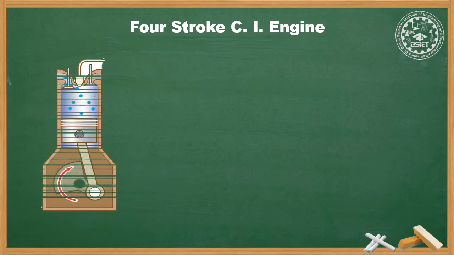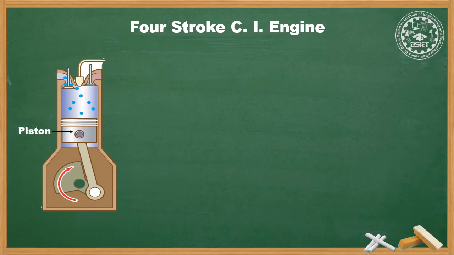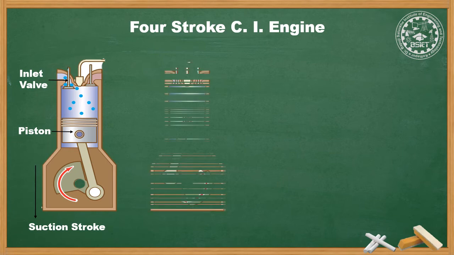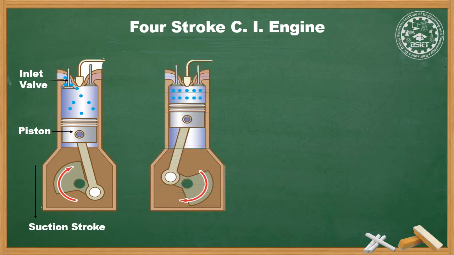In the suction stroke, the piston moves from TDC to BDC, which causes the inlet valve to open. The air pressure is low inside the cylinder, which causes the atmospheric air to come inside the cylinder during the suction stroke. Next is the compression stroke.